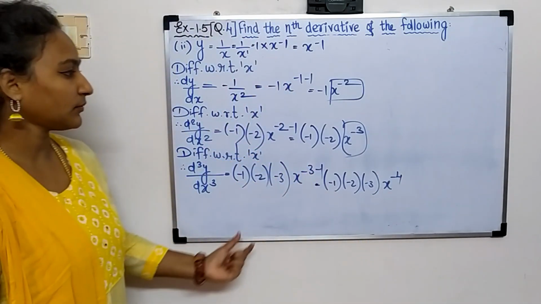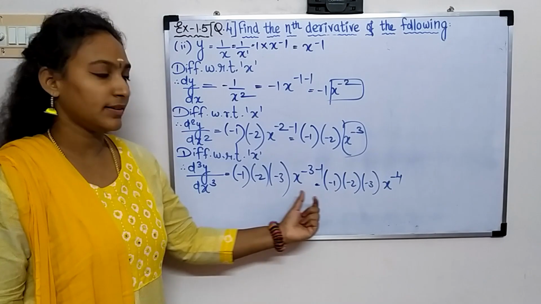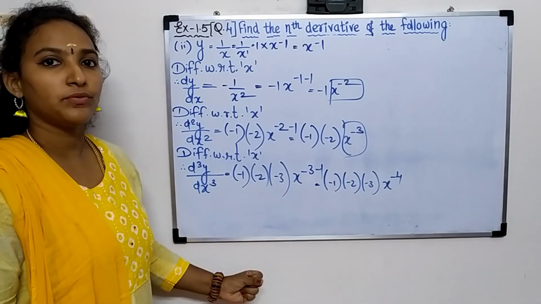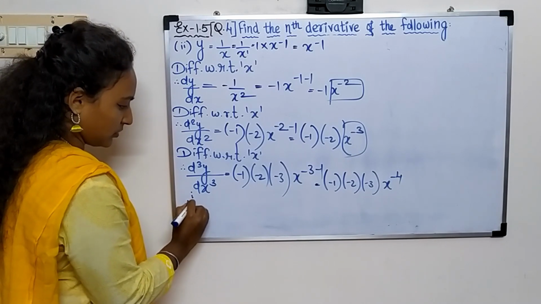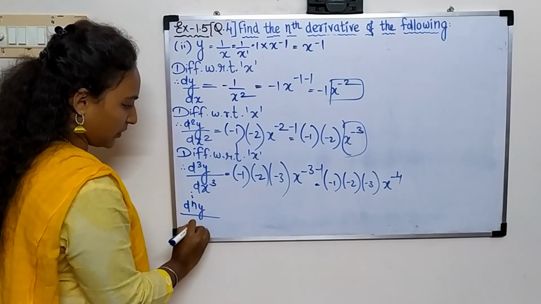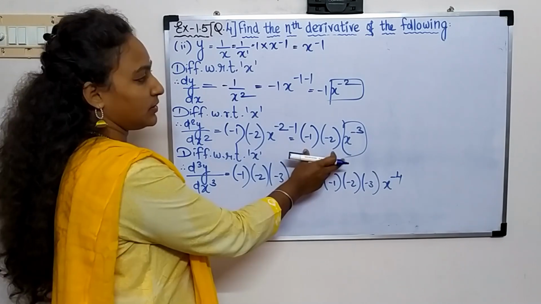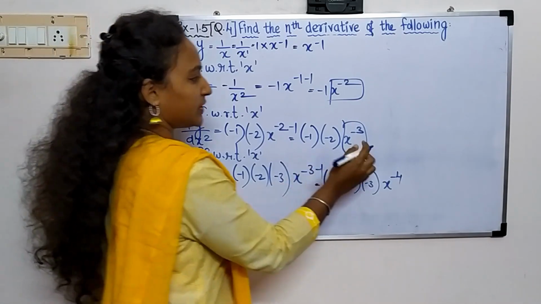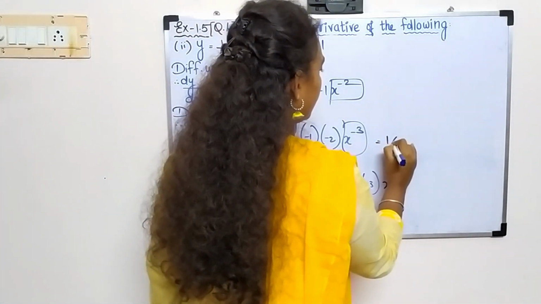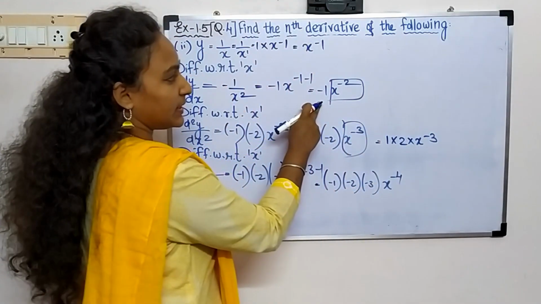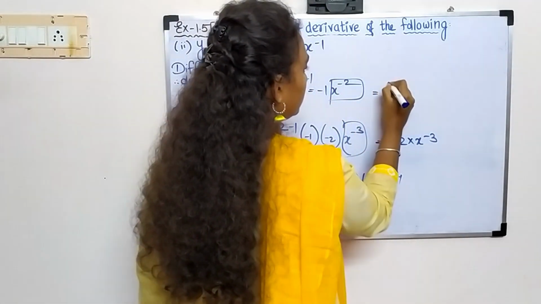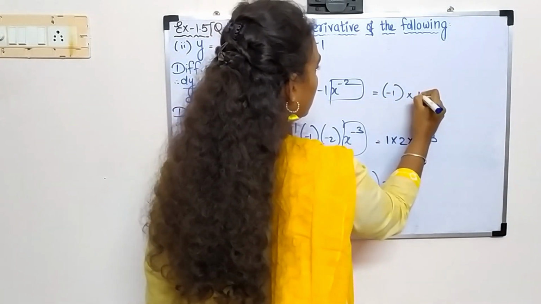Hope the solution is clear. In the similar pattern, we are going to solve d power n y upon dx raised to n. So this can be written as positive, that is 1 into 2 into x raised to minus 3. This one is negative. We have a minus 1.